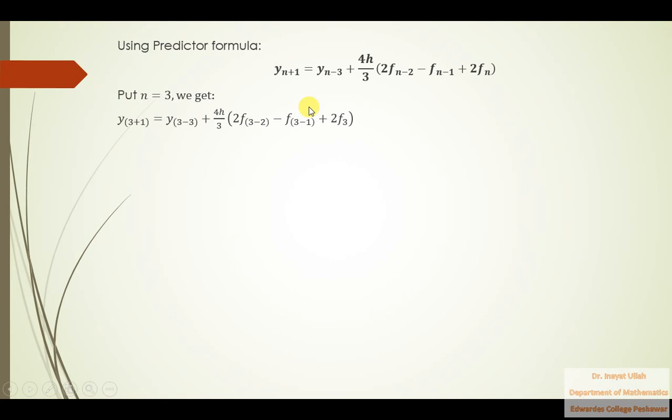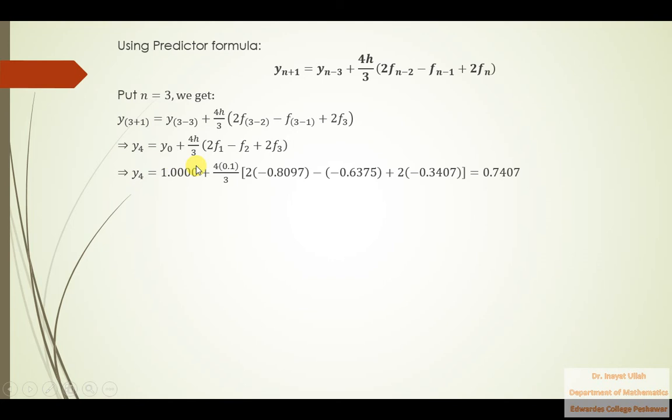Whenever we put n equal to 3, we will get this equation. That will become y4, y0, f1, f2, and f3. So that is y4, which is this expression. Now from the table put the value of y0.